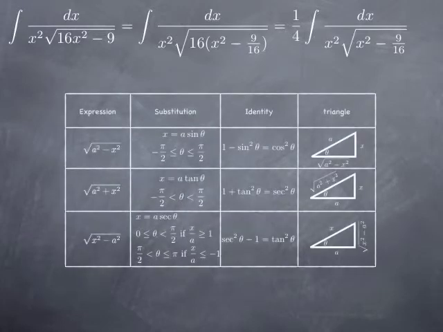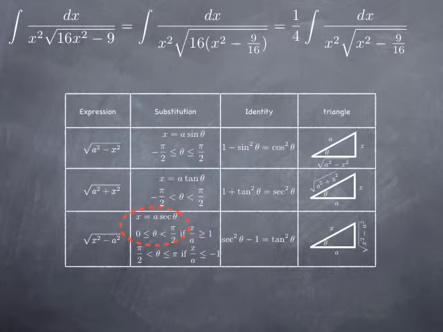So now I'm going to use trig substitution. I have to use a substitution that corresponds to the last row, because we have a root of the form x squared minus a squared. In that case, we use a substitution of the type x equals a secant of theta and pick one of the intervals depending on whether secant, which corresponds to x over a, is greater than 1 or less than 1.